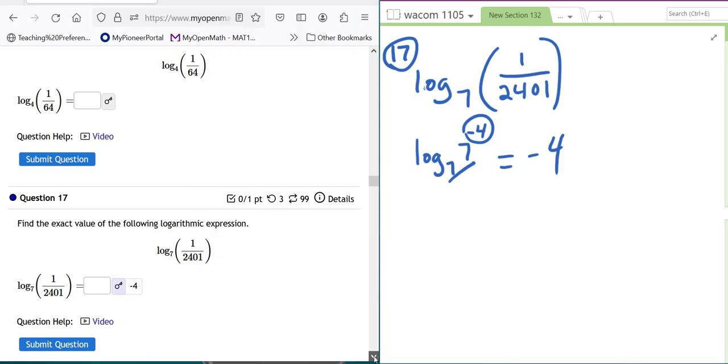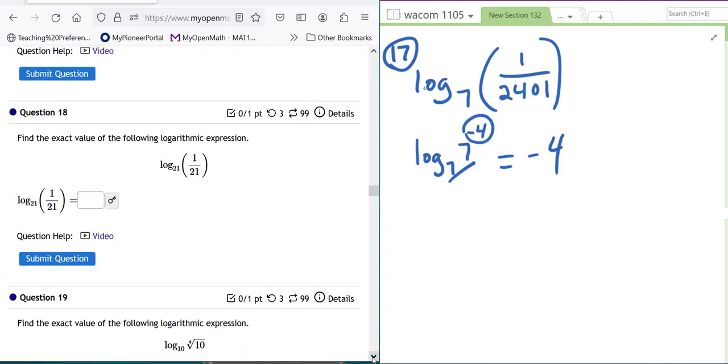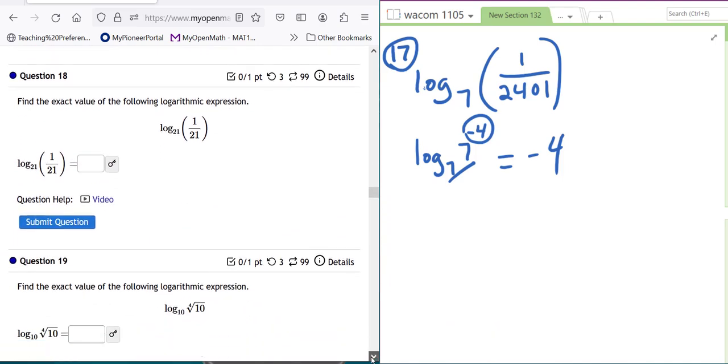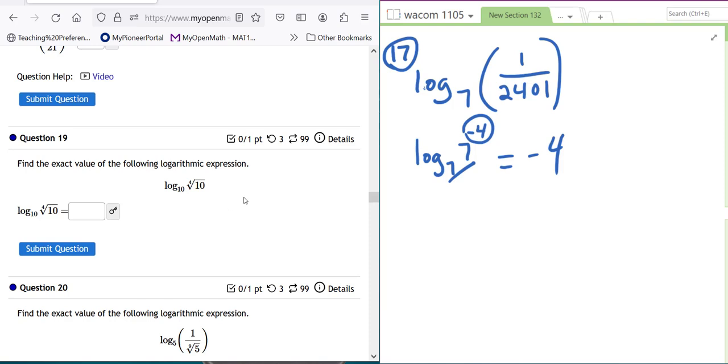All right, let's see if we have one with a radical. All right, there's your one with the denominator. Here's one with a radical. Right? Remember, a radical is a fractional exponent, right? And so the index is your denominator. So let's rewrite this one.